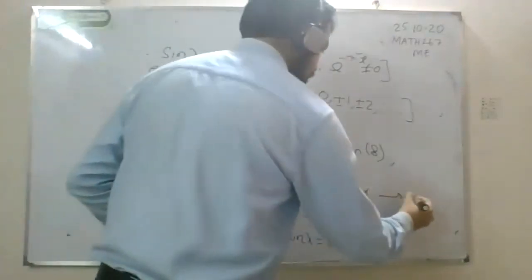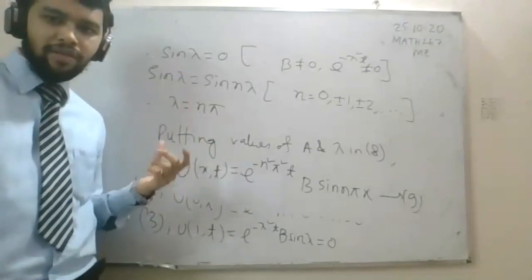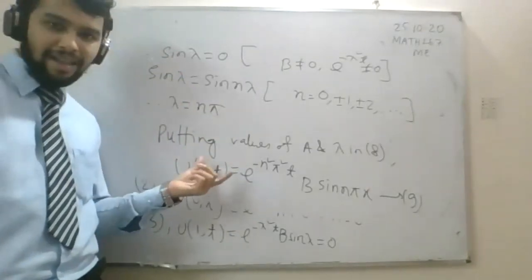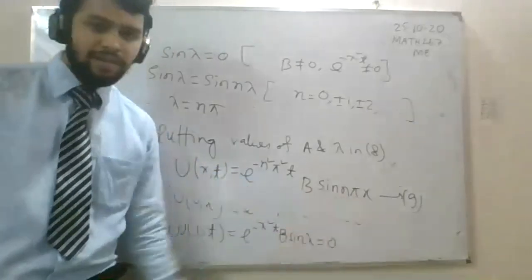So this is your equation 9. You put those values of a and lambda in equation 8, and you can get another equation, which is equation 9.